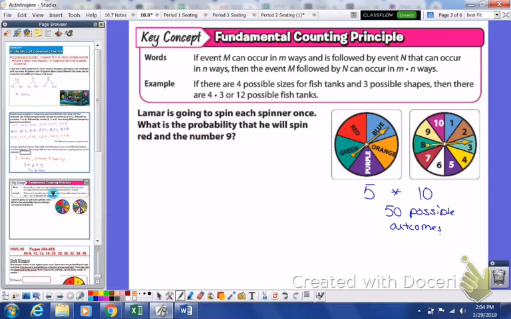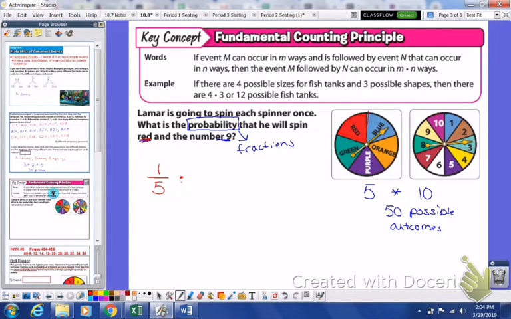Now I want to know the probability though that I spin red and 9. So probability, we need to think about fractions. Remember, probability is a number between 0 and 1 or a percentage. So we're not looking at that 50 as our answer. So the probability that we spin red, well, there is only one way that I can get red because there's only 1 red piece here. But there were 5 total possibilities.